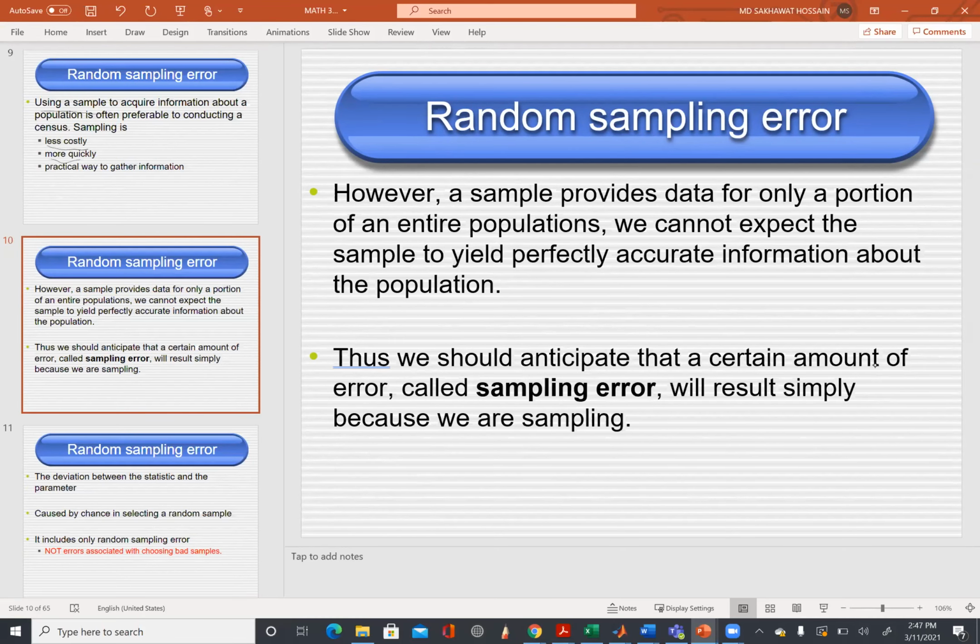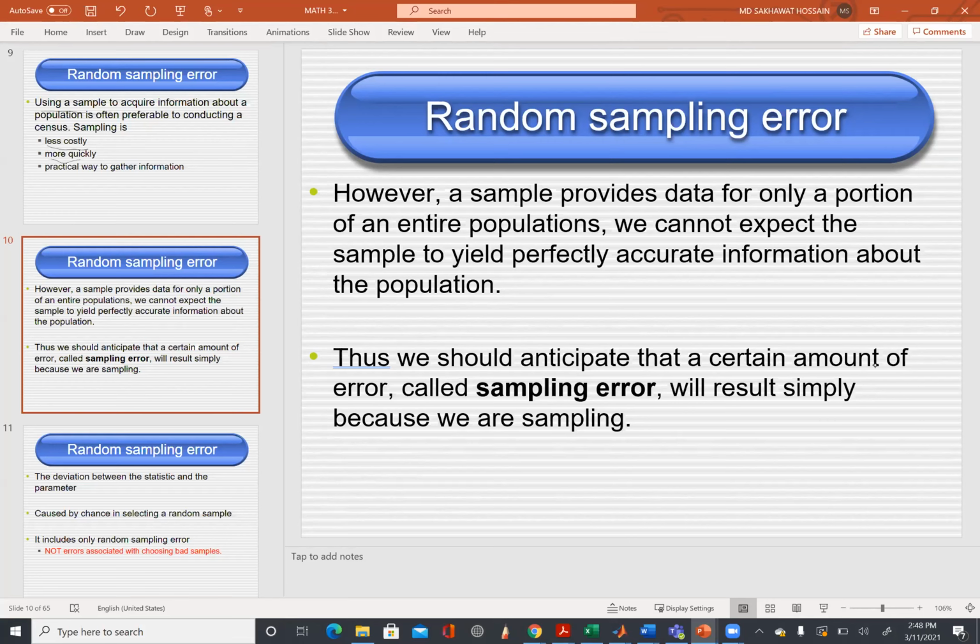So why do we have random sampling error? Because the sample provides data for only a portion of the entire population. For example, if we want to know the average of a class of 53 students, and we only select 10 students, those 10 students are just a portion of the class, not the entire class, right?